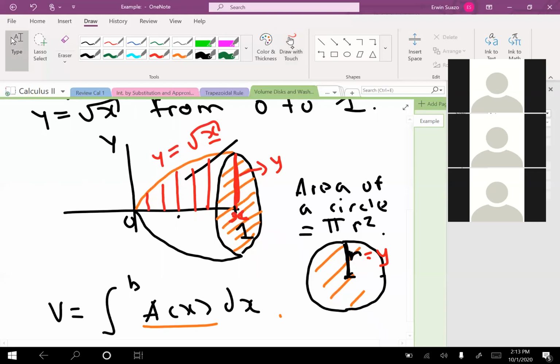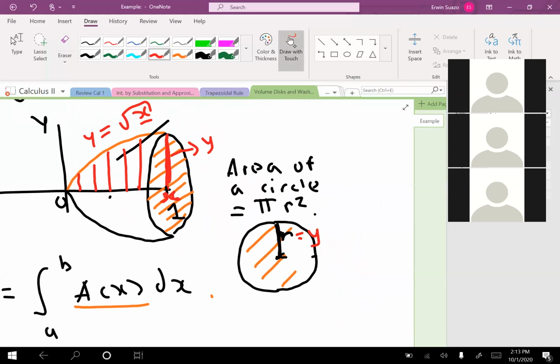So the radius equals y, and y equals square root of x, right? Because that's my function, that's how high it is. And I could do the same experiment with any function. You could do x cubed, you could do x squared, whatever. The process will be the same, okay? So many possibilities for the same exercise.